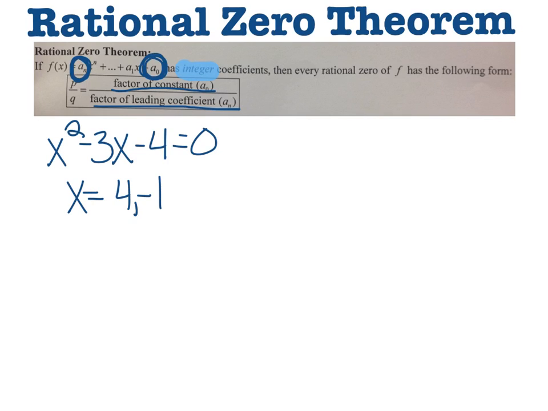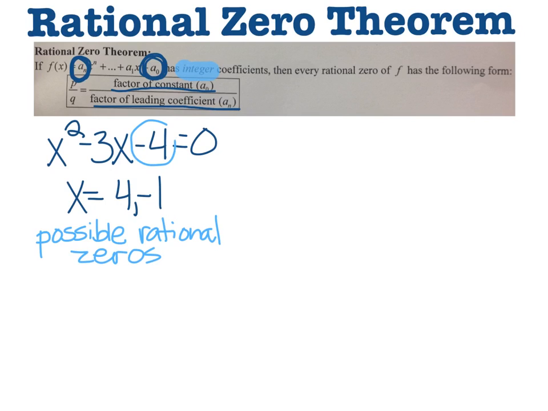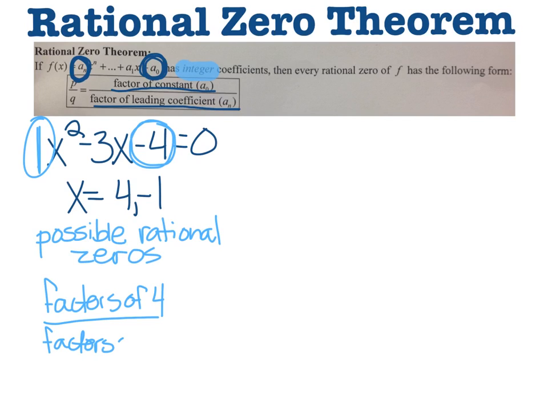If we list out our possible rational zeros, sorry, taking a while to write this, possible rational zeros, then we're saying factors of 4 divided by factors of our leading coefficient, which is 1. And the only factors of 1 are plus and minus 1.